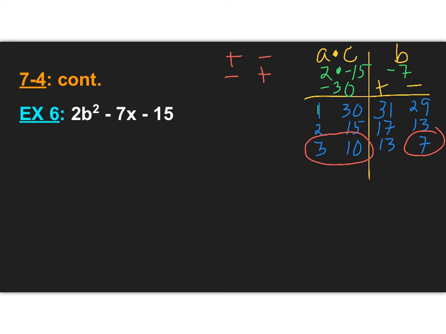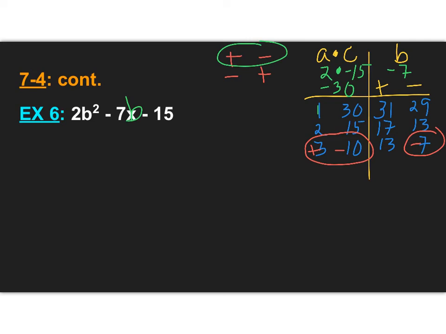So since 7 is negative, the bigger of the two numbers, 10, also gets the negative. For 10 to decrease and become 7, this has to be an opposite sign because we need to subtract them. So the 3 is positive, which means that this is what we ended up getting, a plus and a minus. Our variable, whoops, this should be a b.